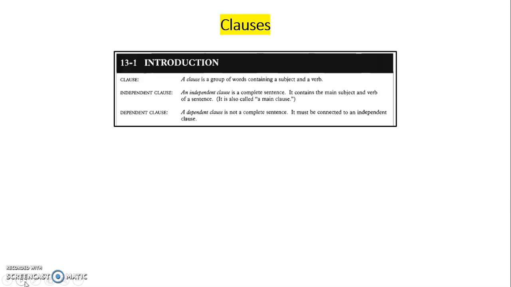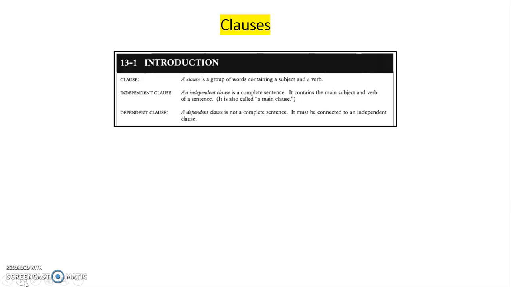A clause is divided into two: independent clause and dependent clause. An independent clause is a complete sentence. It contains the main subject and verb of a sentence, so it's called a main clause.